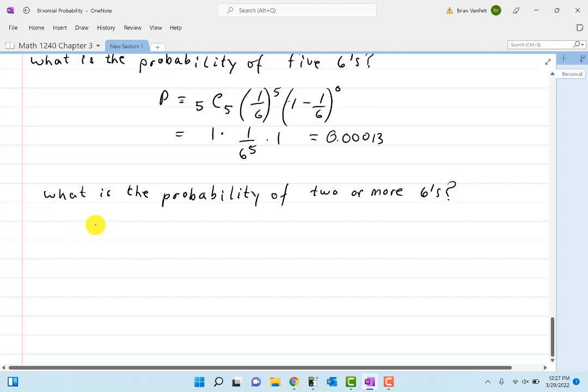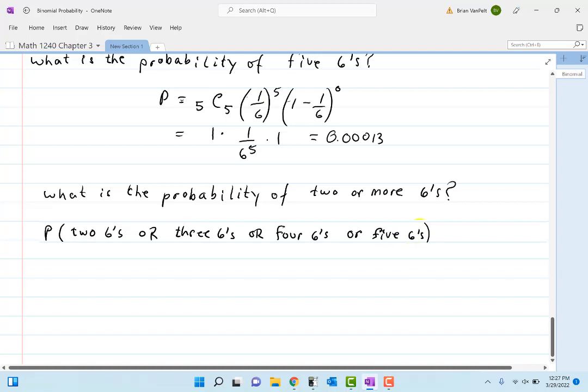So what we have to look at is 2 or more sixes means that we have the probability of 2 sixes or 3 sixes or 4 sixes or 5 sixes.